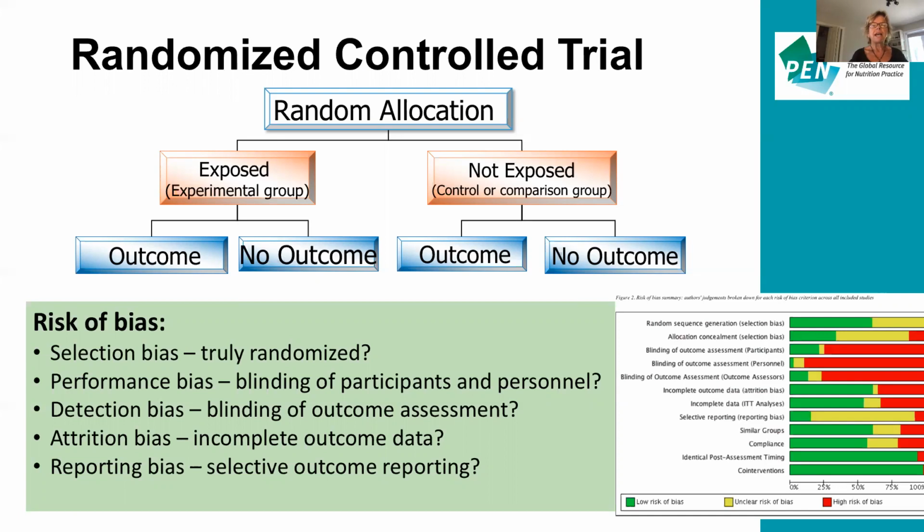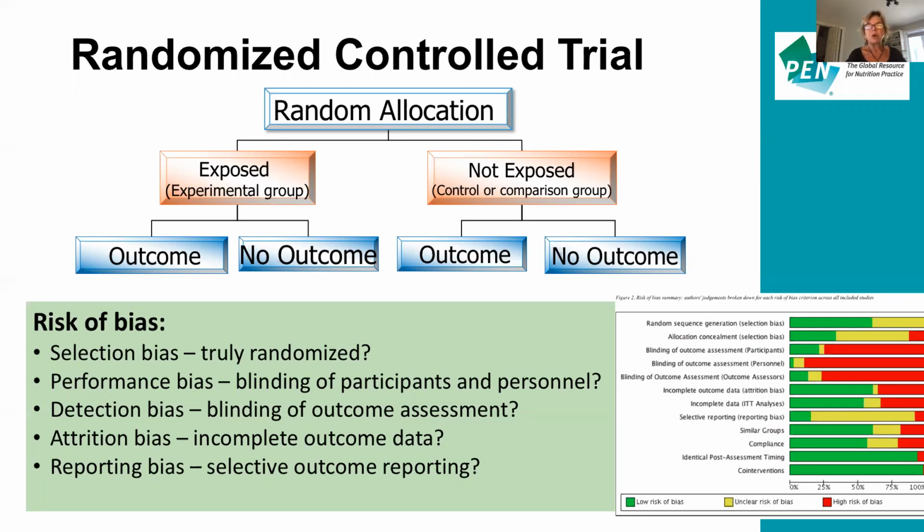keeping in mind that a way to assess the quality of a randomized controlled trial is assessing risk of bias, because RCTs can suffer from weaknesses if they weren't truly randomized.